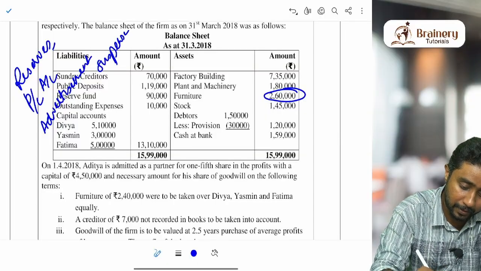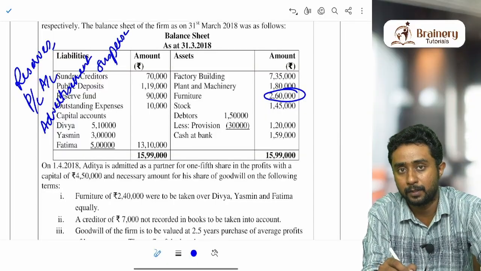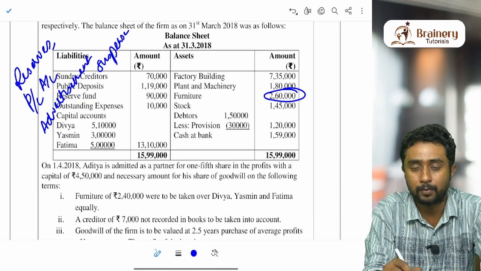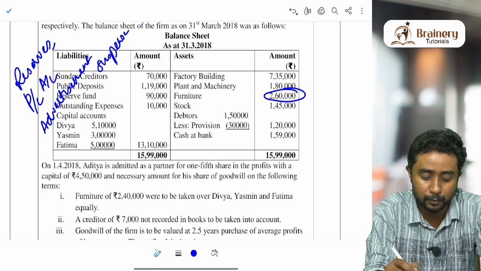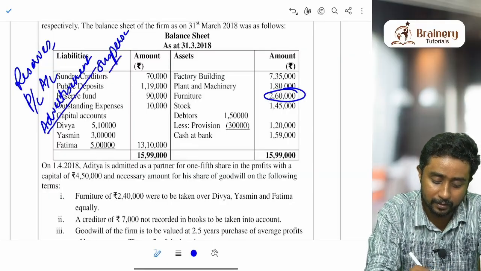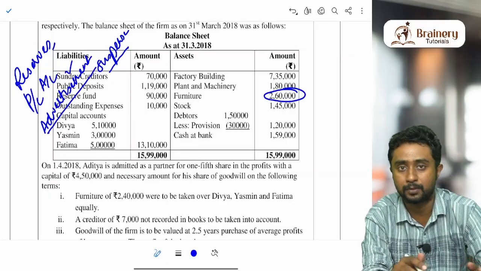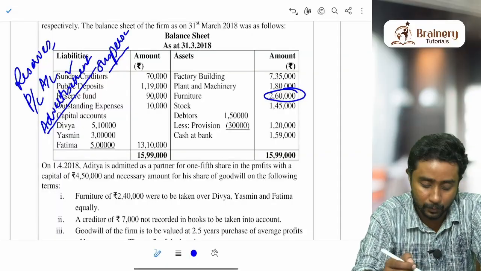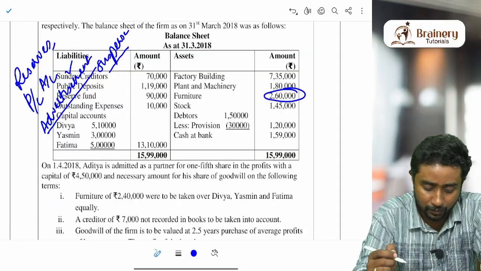This account can come in different names: advertisement suspense account, advertisement expenditure account, deferred revenue expenditure account, deferred advertisement expenditure account. All these are names of the same thing. So you just focus on the word advertisement. Mostly it will come as advertisement expense or advertisement suspense account. So check for these amounts.